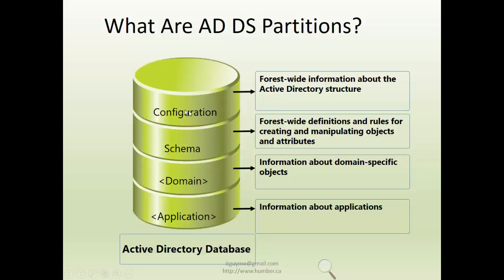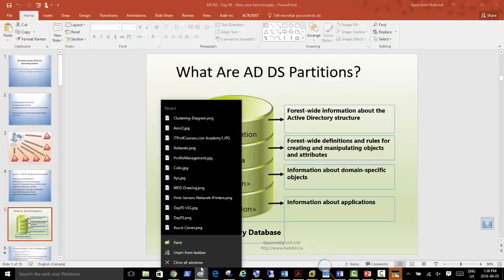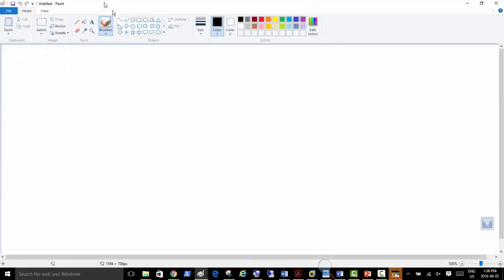They transfer information of the configuration partition and schema partition, but they do not transfer information of the domain partition and application partition to each other. So again, if I make this map here, it would be much clearer.